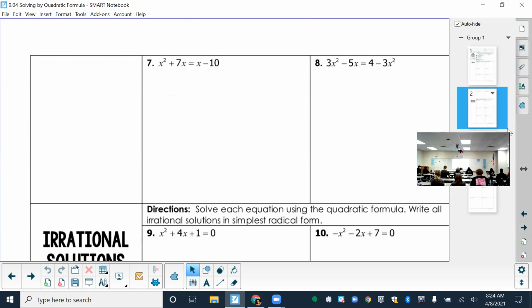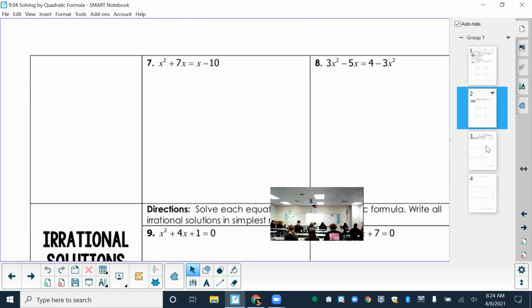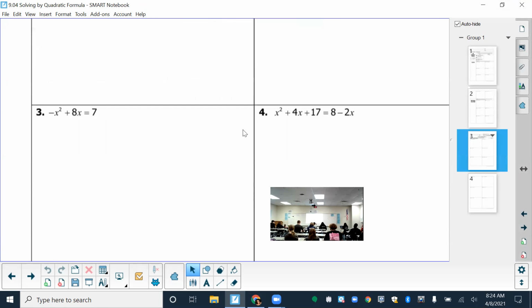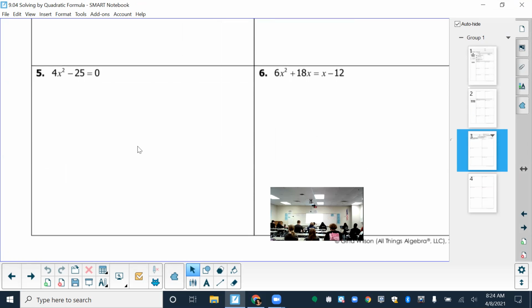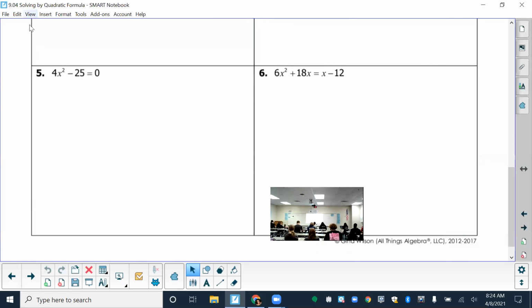So yesterday we went over how to rearrange them if they're not in standard form. I know there was one problem on the practice that might have been a little tricky. So if you want to look at number 5 on your practice, notice it's a little shorter than we're used to seeing, but it is set to 0, and it is in standard form. So for that one, what letter is missing, A, B, or C? The B value, right? Because that's the number that would normally be in front of the X. And there's no X there. It's just an X squared and a single number.